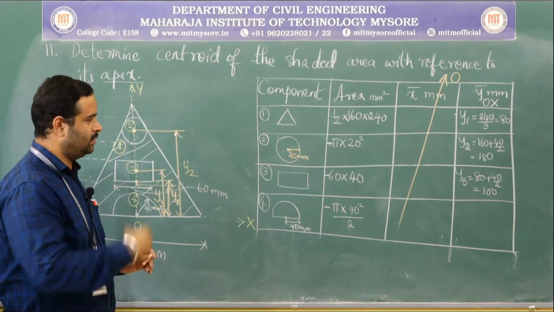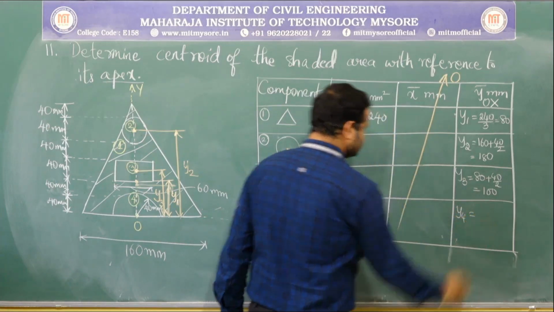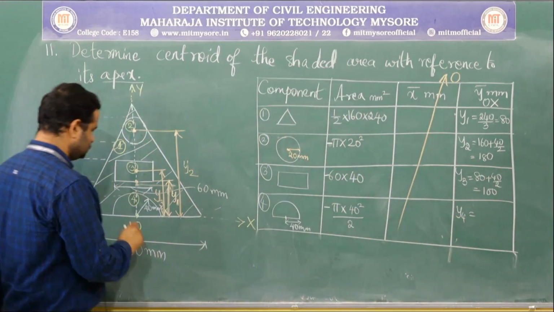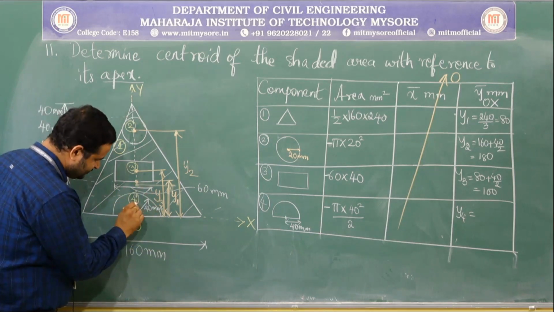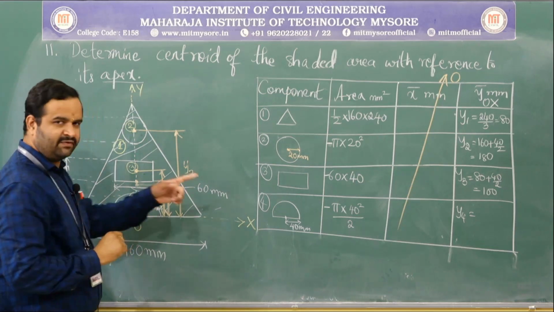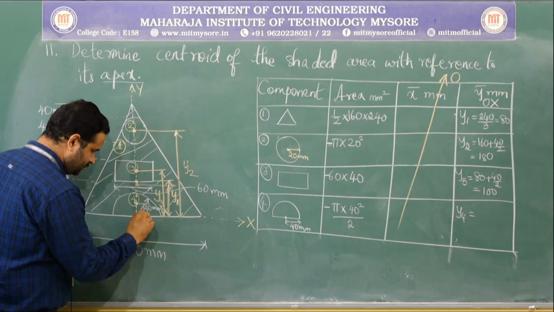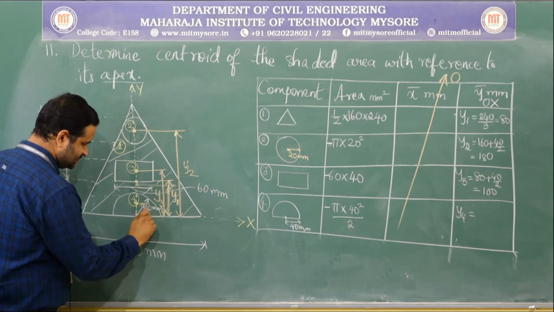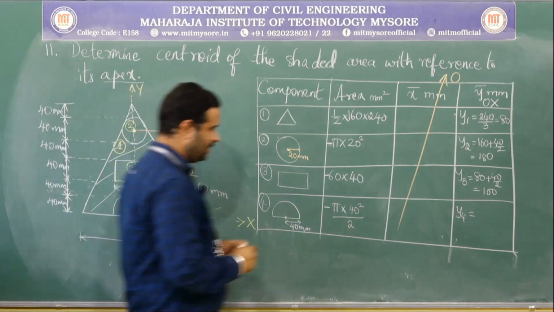No x component, calculate its y4, which is equal to, see, the centroid of this individual component lies here. That was done in the previous step. Now, just measure it with respect to the given axis, that is y4. It is nothing but 4r by 3 pi.